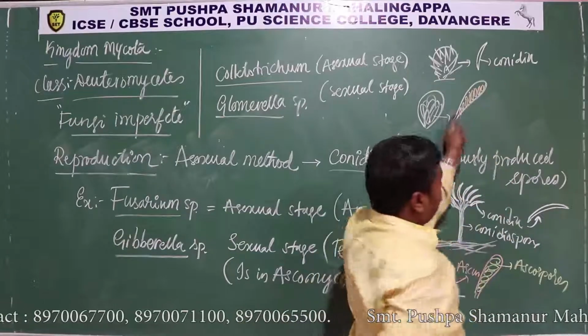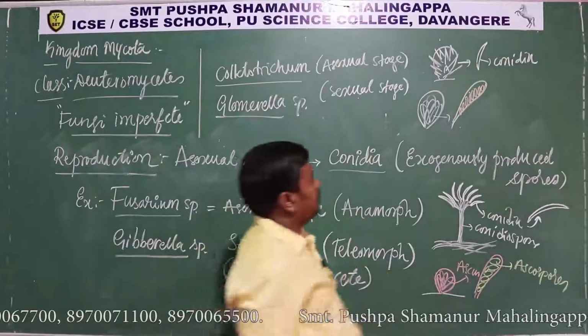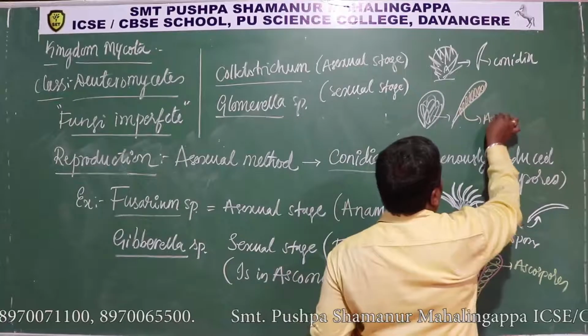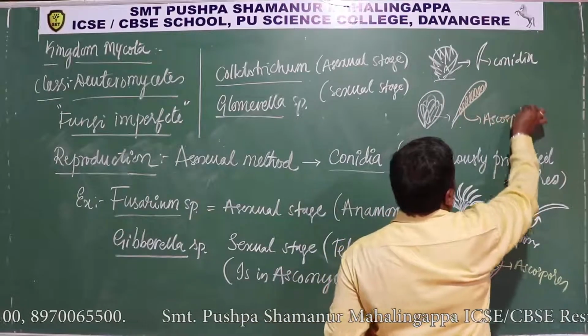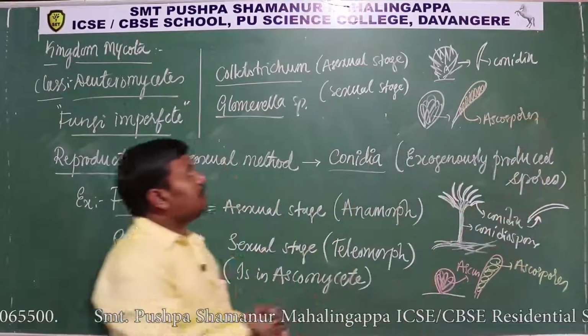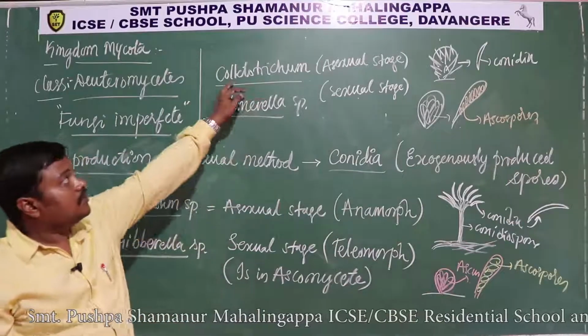Remember, each ascus can produce 8 ascospores.